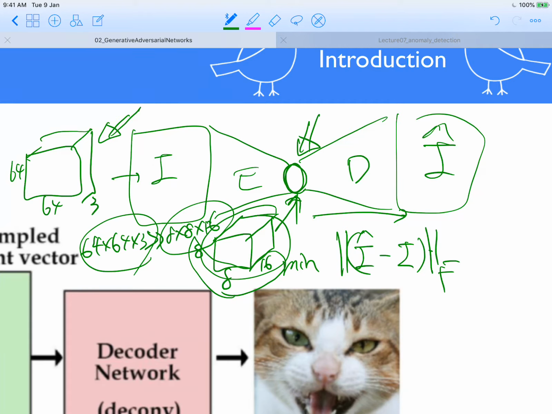Those variations are the main information to store in order to properly reconstruct the original input image for all the 100 images that we are given. So that's the main intuition of this autoencoder.